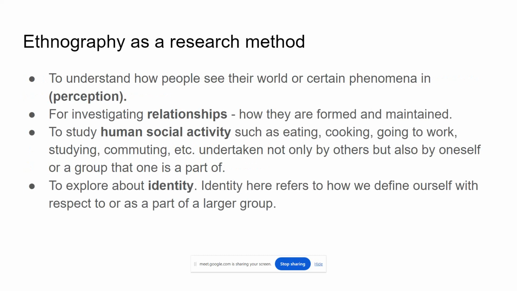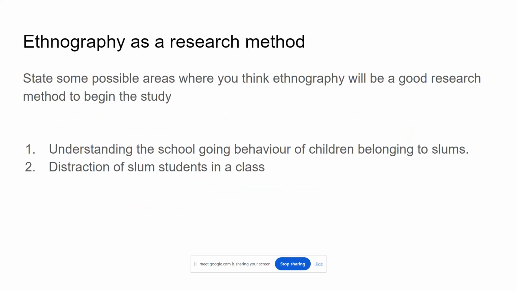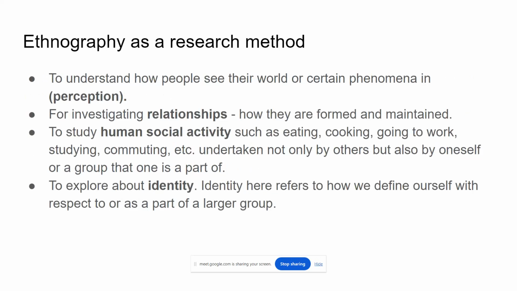Now, if we look at the broad aspect of what we think ethnography as a research method would help with, in what areas would it help? Here we have come down to just two examples. We'll see broadly how ethnography can play a very important role in questions or research topics pertaining to these points. Whenever we want to understand how people see their world or a certain phenomenon, this is the perception part of it.